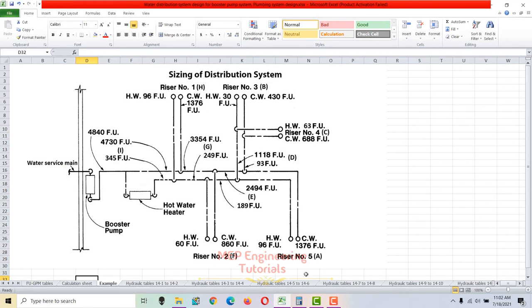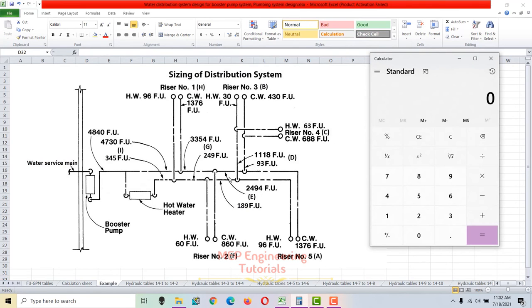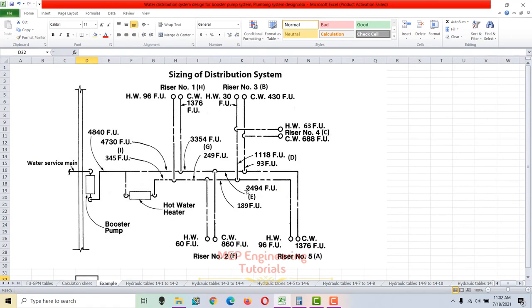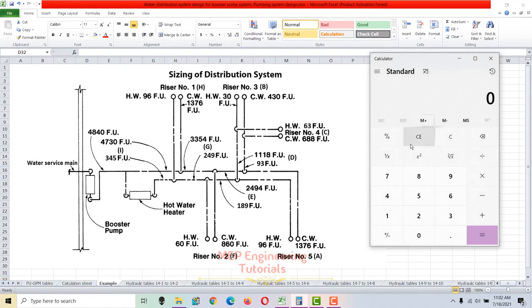If you see the total fixture units at this point, section E, the sum of risers 3 and 4 cold water supply fixture units is 430 plus 688, that is 1118, which is written here, represented by D. Then we add the 5A cold water supply fixture units, 1376, so 1118 plus 1376 is 2494.